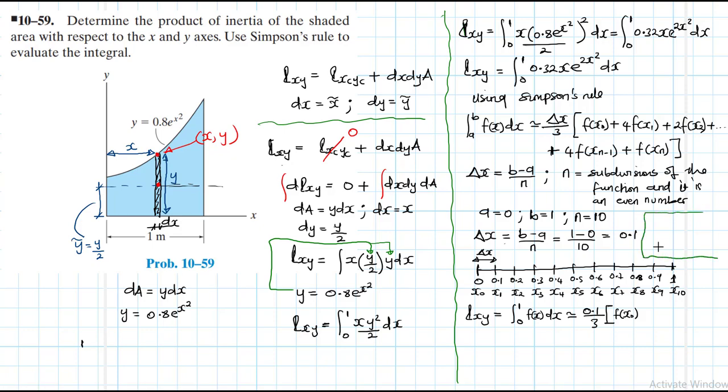I write it here. So the function is equal to 0.32 x e to the power x squared. So that's the function. Okay, that's the function we are dealing with.